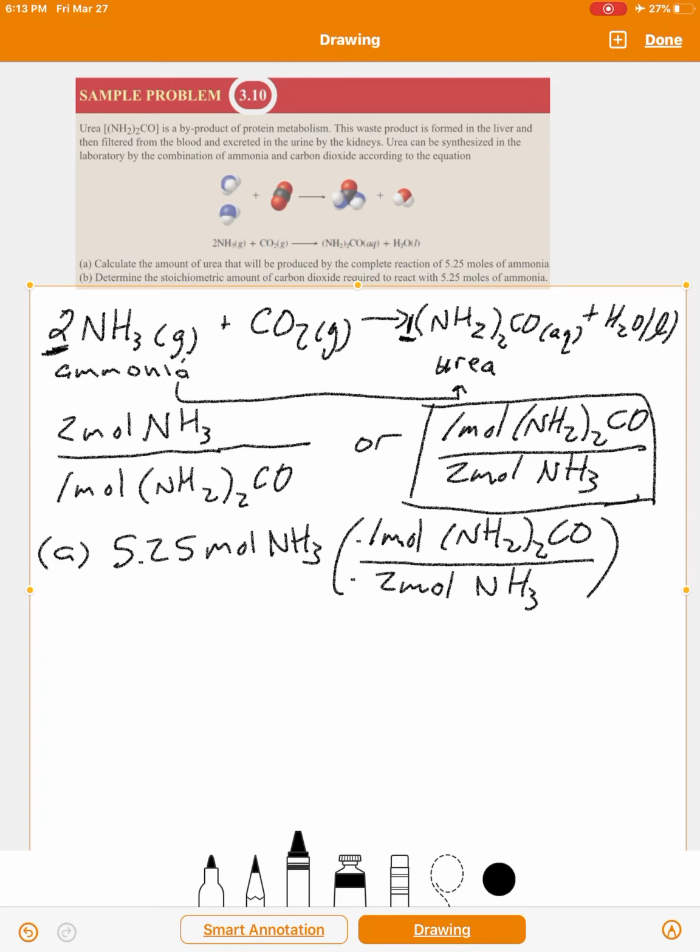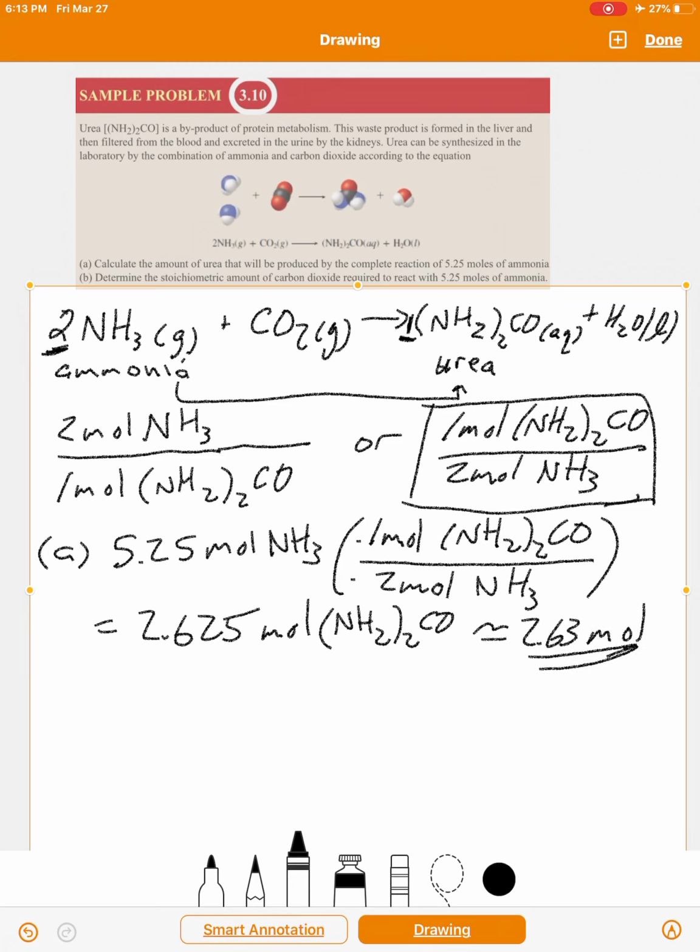It's 1 to 2. So that would give you 2.625. Now you might argue that's too many sig figs. We got to round it, so 2.63. That's perfectly fine if you want to do that.